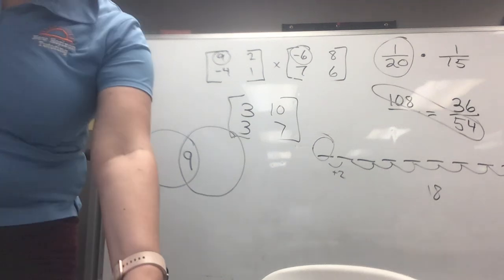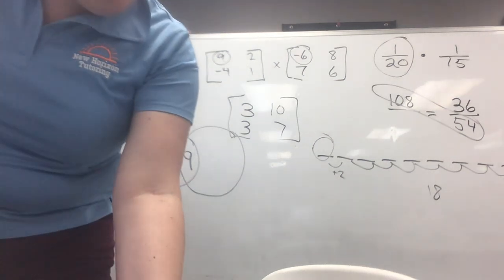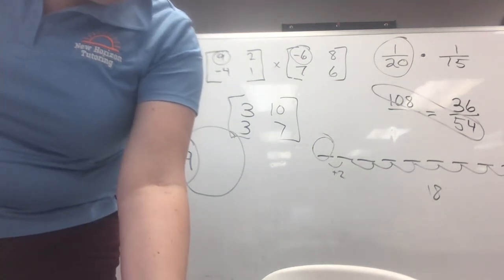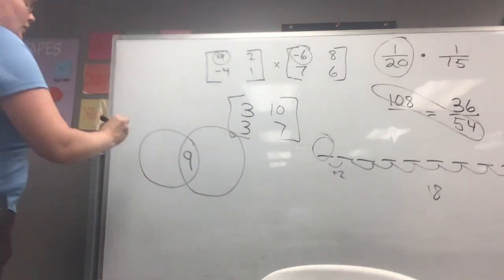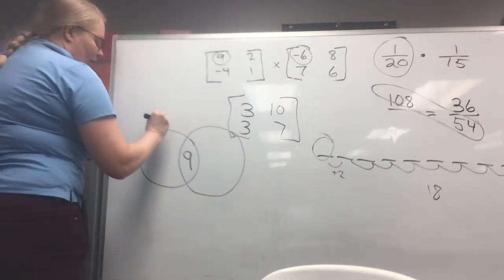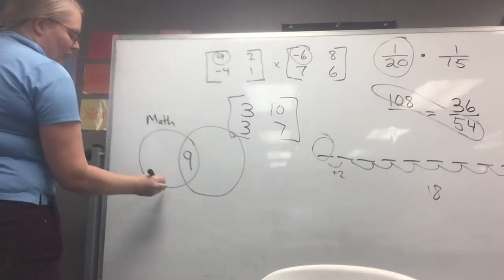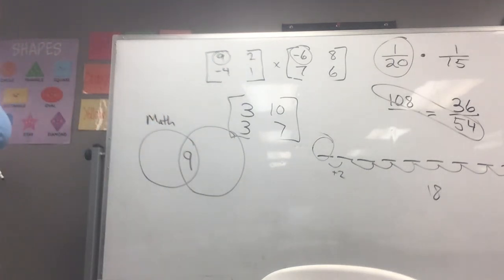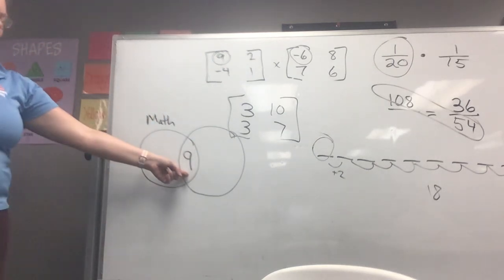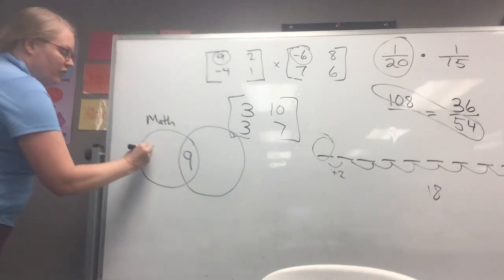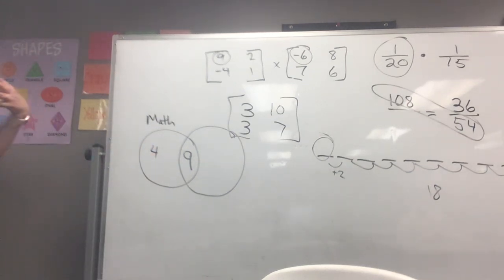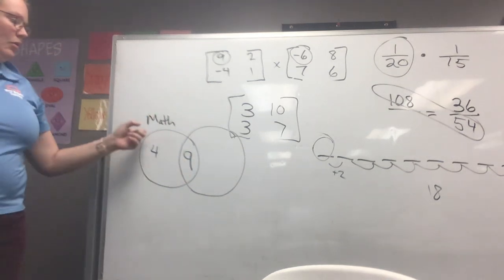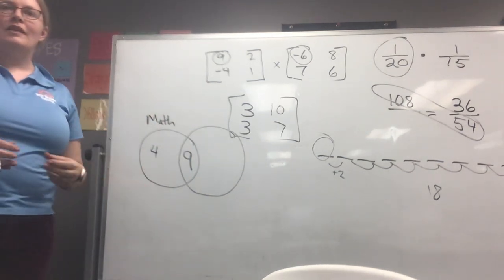In those clubs, 13 are members of the math club. So if I put math over here, math is this entire circle, and this entire circle is 13, but 9 are already here. And so 4 are only math, not both. But the total math club is still that 13 that they told us.